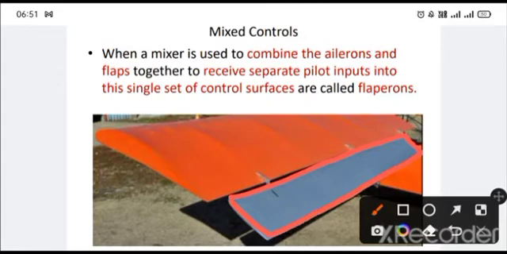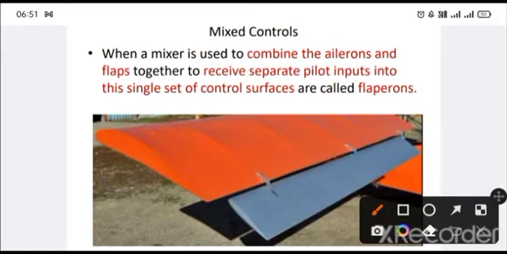Okay, and you don't have to give a single input. You can give different inputs to it. If this goes up, this will be acting as an aileron. If this goes down, this will allow the aircraft to generate more lift. So they are basically working in both modes. They are working as an aileron as well as a flap. So that's the reason they are called flaperons.